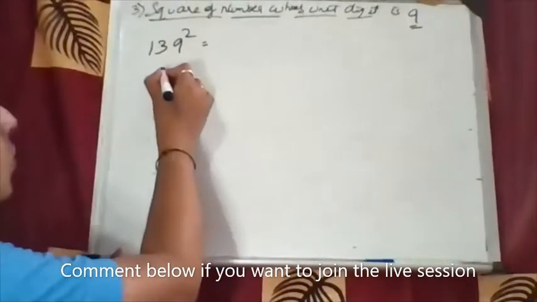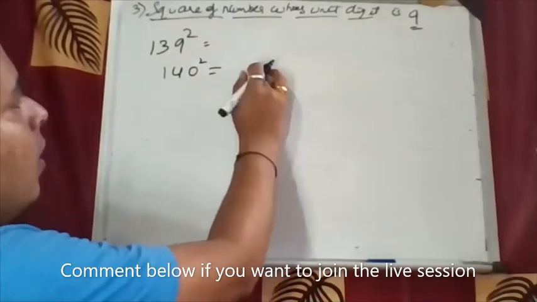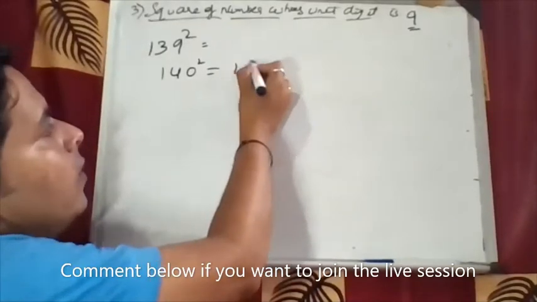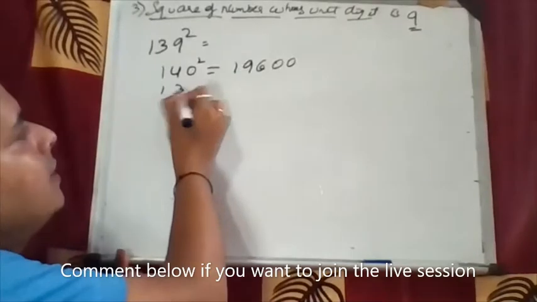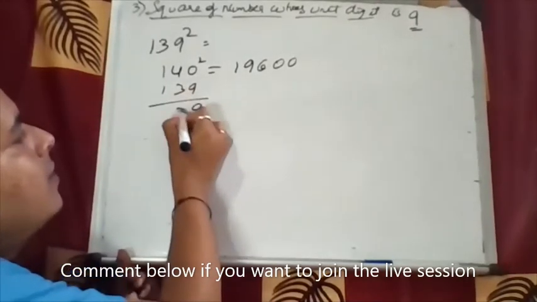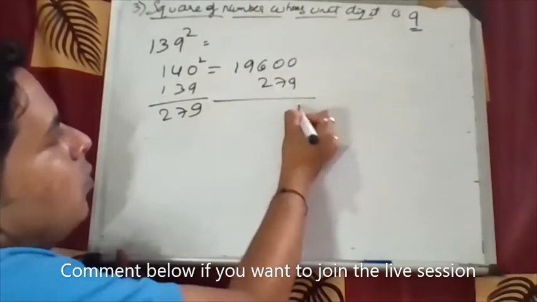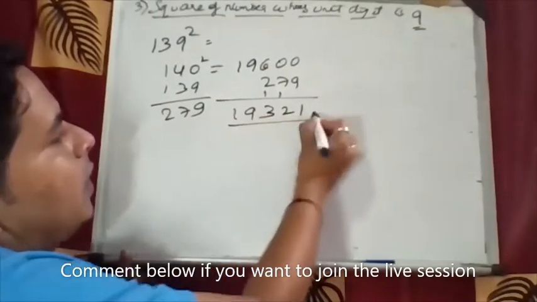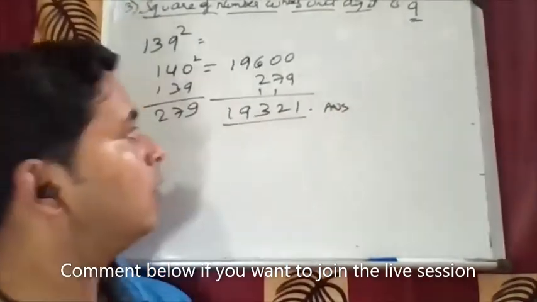What will be the answer for 140 square? 196 square, which will be 19600. I'll add these two, 279, and subtract here. So this is your answer, 19321, okay.